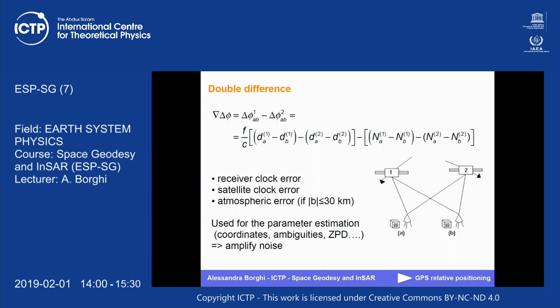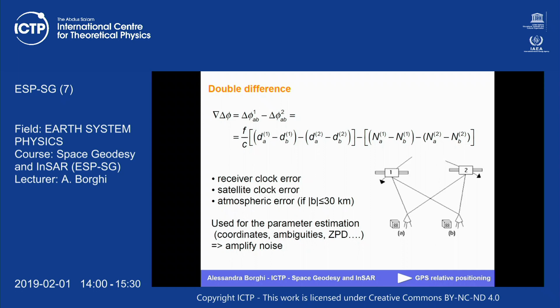So it's a part where we have our geometric unknown parameters, the coordinates of points A and B. And we have a combination of initial ambiguities. So we have removed receiver clock error, satellite clock error, and atmospheric error if the baseline, again, is shorter than 30 kilometers, more or less.